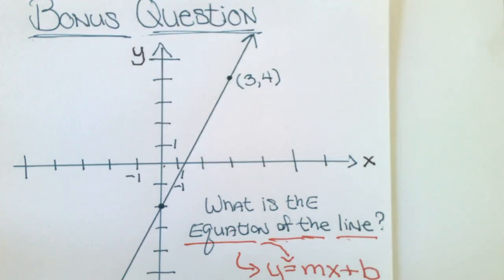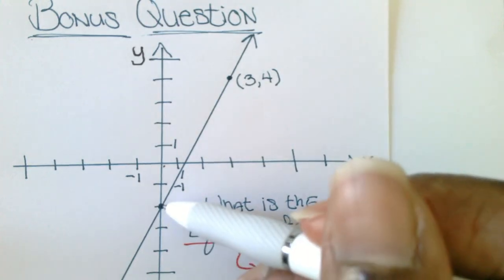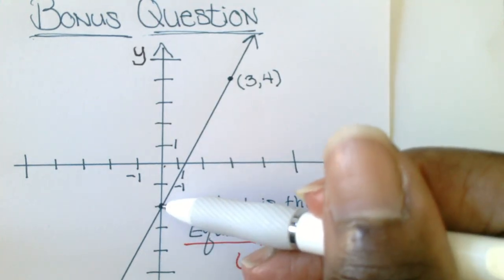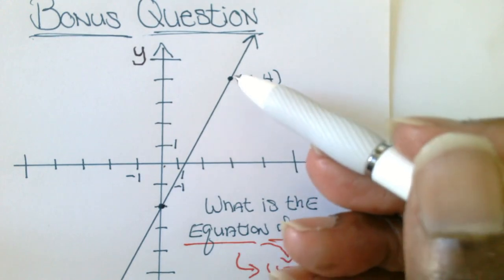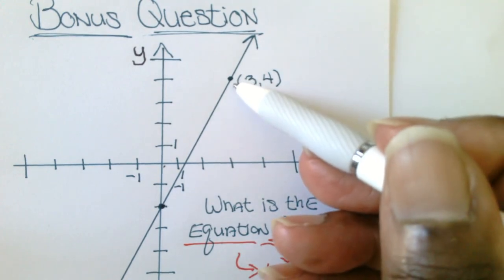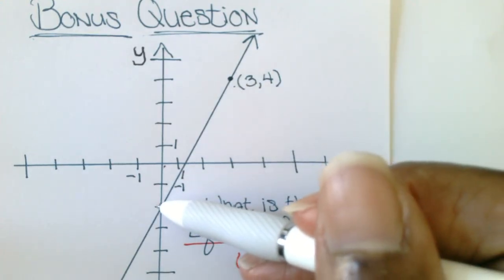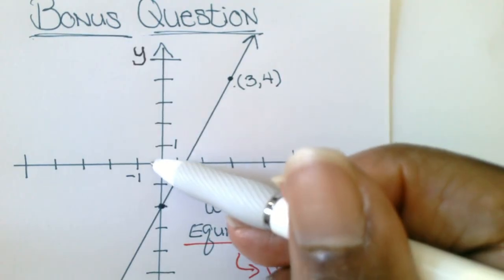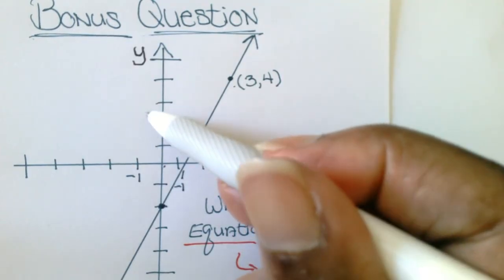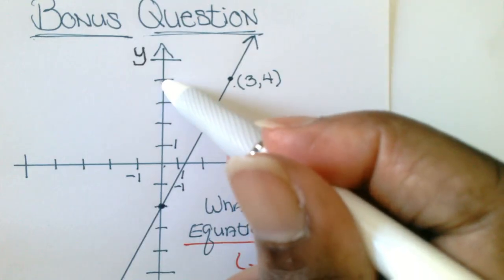Okay? So slope is rise over run. Like what Brandy is saying, we're going to start here at our y-intercept, and we're going to count to this point 3, 4. If I start, I'm going to count up 1, 2, 3, 4, 5, 6.